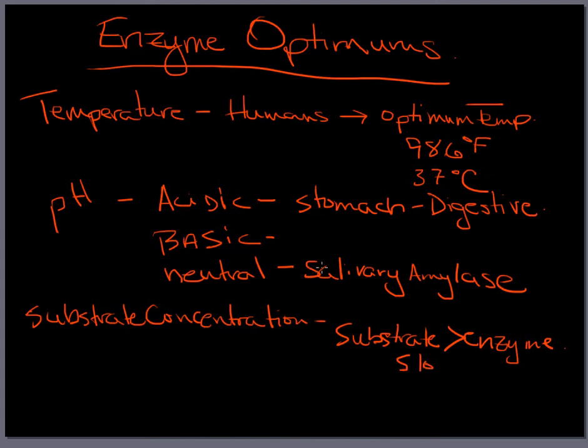It's going to be pretty slow. You have enzyme greater than substrate, pretty good reaction time, right? And so these are the main three things you typically see being involved.